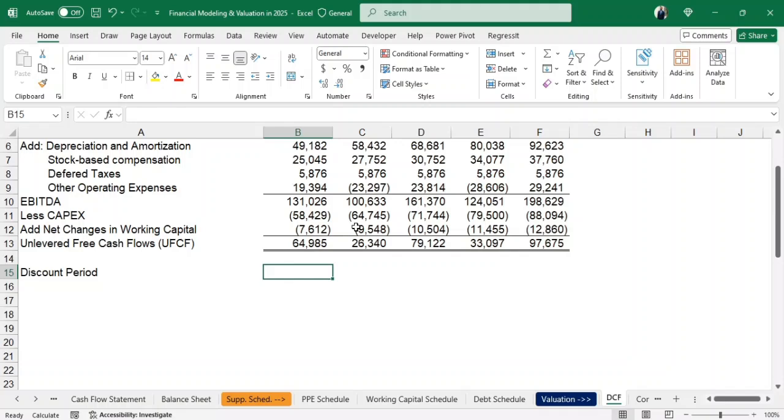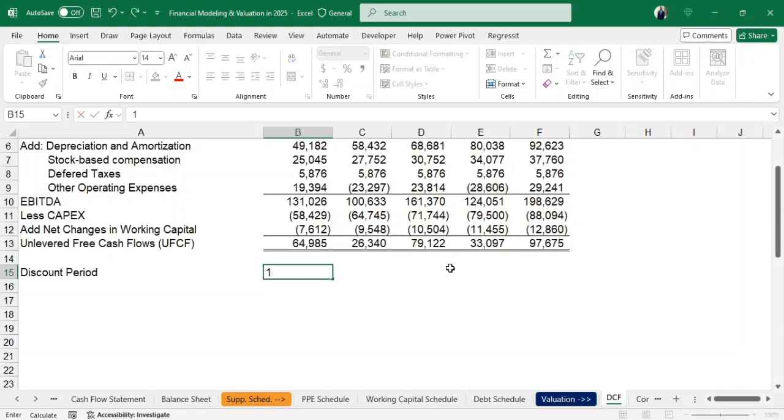Now, this period is talking about when we are expecting these cash flows to be realized. All right, so it can be a mid-year discounting period or an end-of-year discounting period. Now, we want to keep our assumptions within our model very simple, and so we are going to assume that these cash flows are going to occur at the end of each year. So we are going to have a whole year discounting.